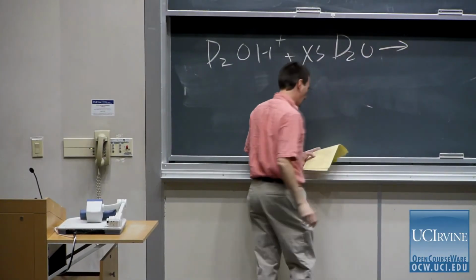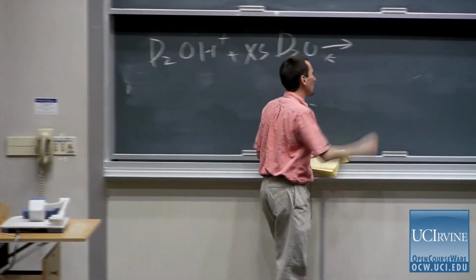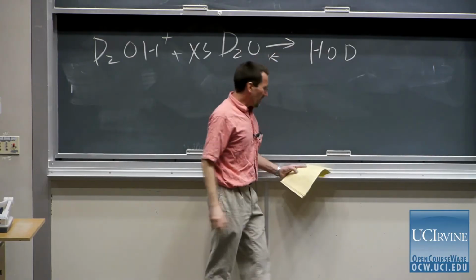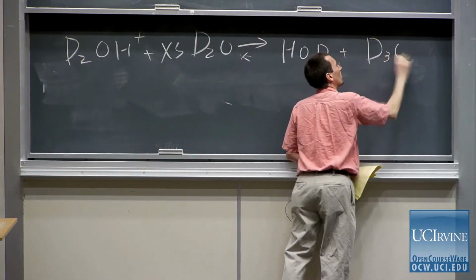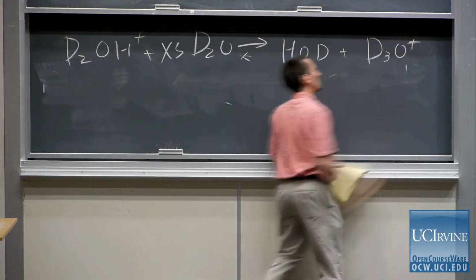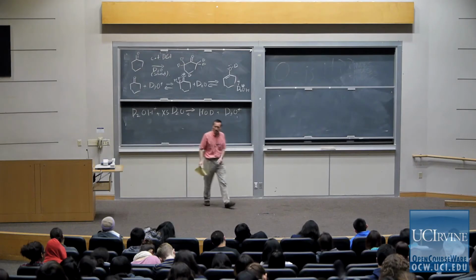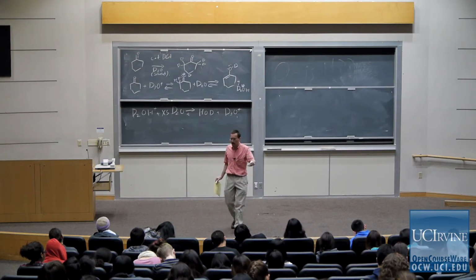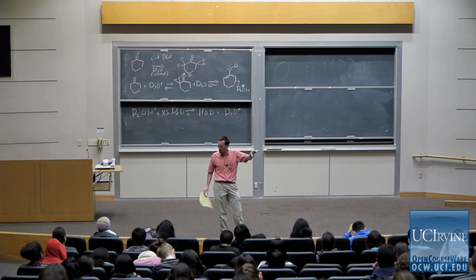D2O, you have an equilibrium, and of course mass action drives this equilibrium. And so you'll get a little bit of H2O, HOD, plus D3O plus. In other words, basically you've got tons and tons of D2O. Your water just spreads out, your protons just spread out to make little bits of HOD.